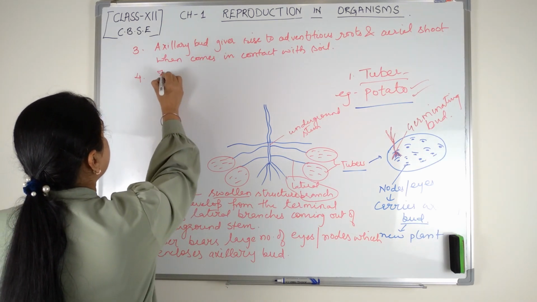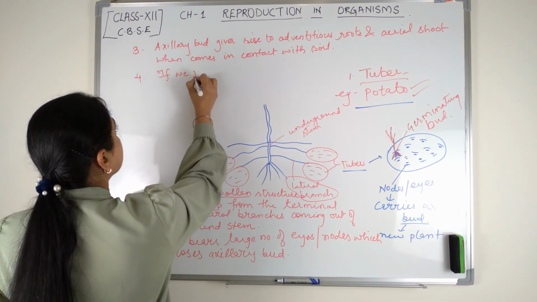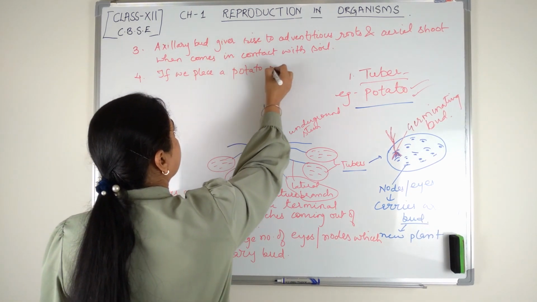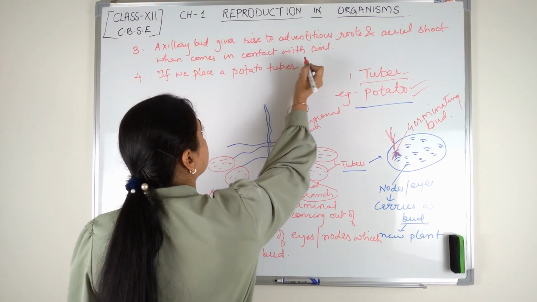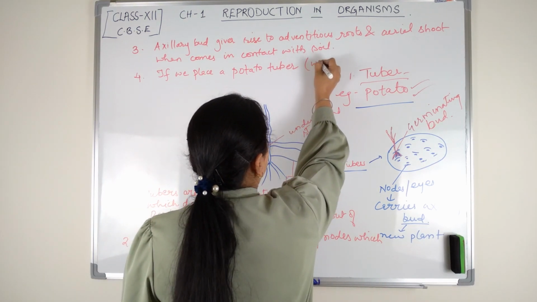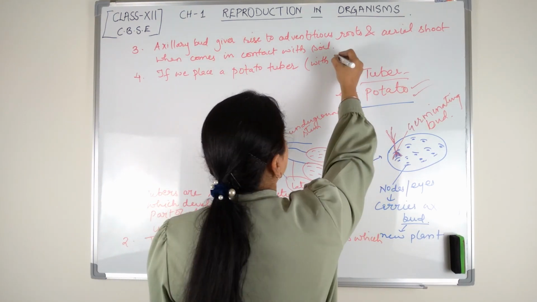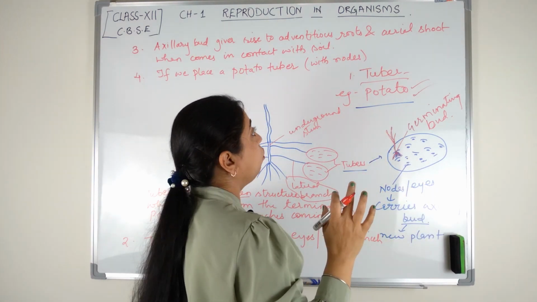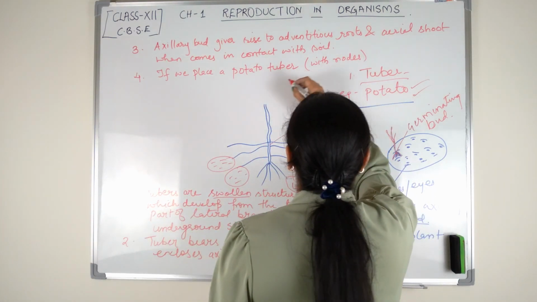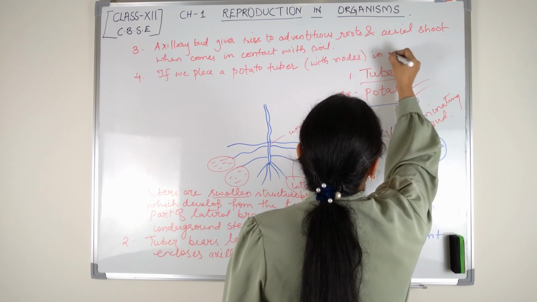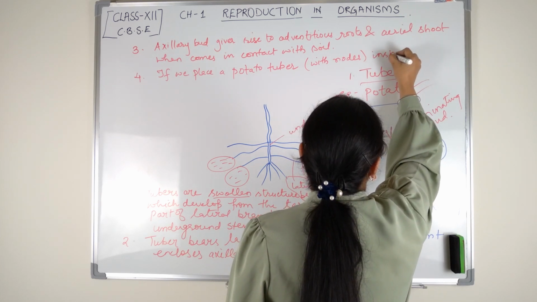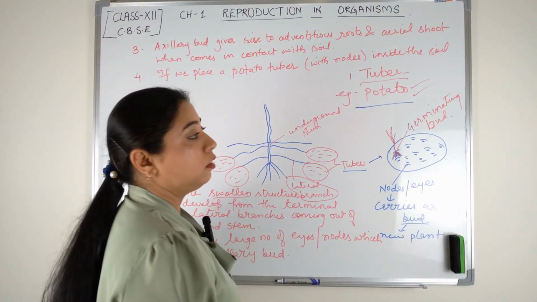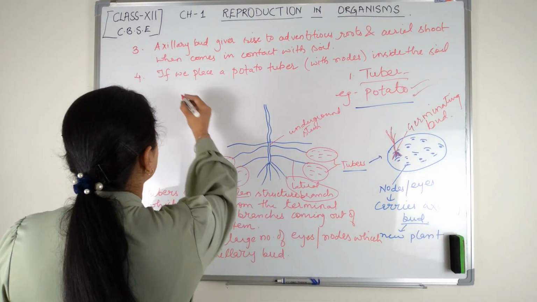So if we place a potato tuber without nodes inside the soil, what will happen? No new plant is going to be formed. But with nodes, what will happen?